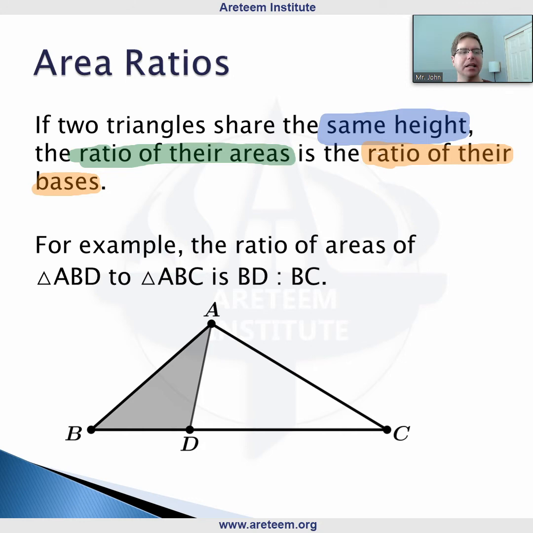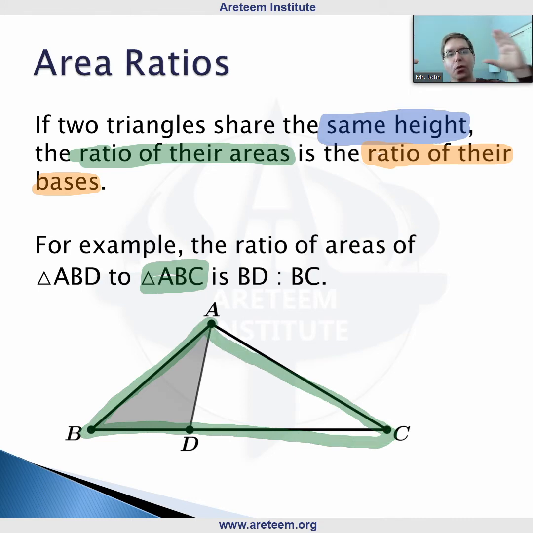The idea here, and I really like thinking about this a lot of the time, is that we can think about what happens if the full triangle is shrunk. We shrink that triangle to get this smaller triangle ABD. Then the ratio of their areas only depends on BD and BC, only on their bases.